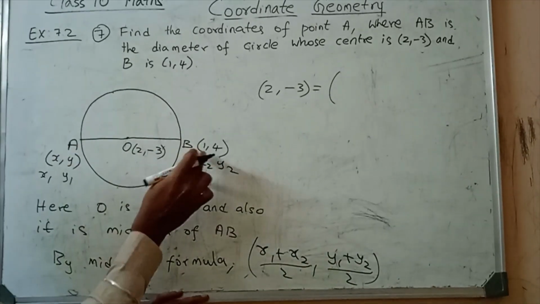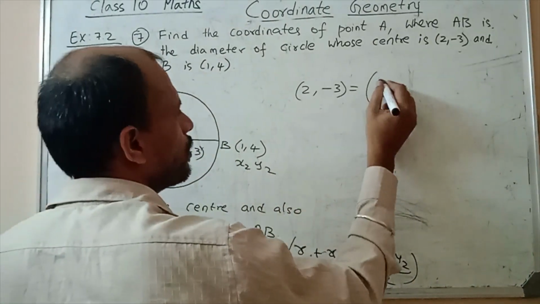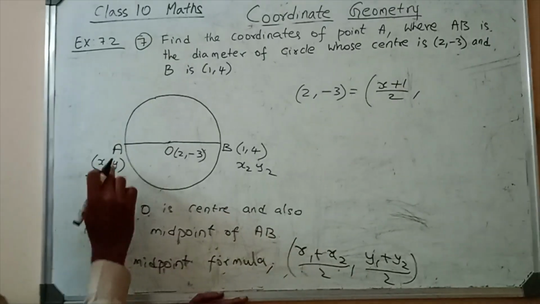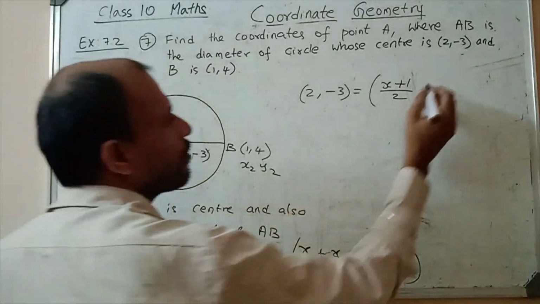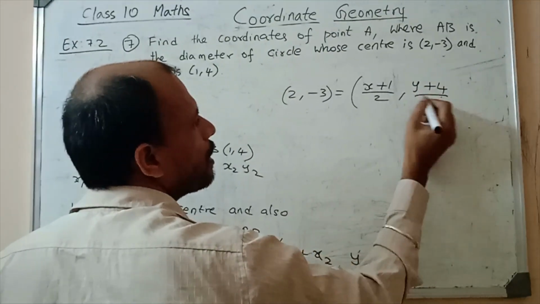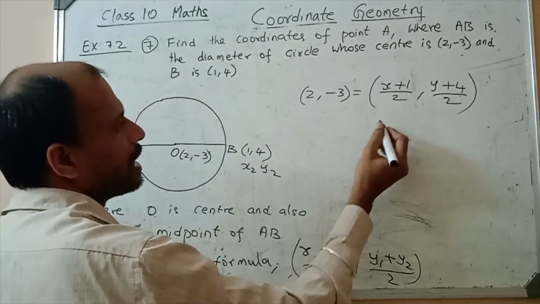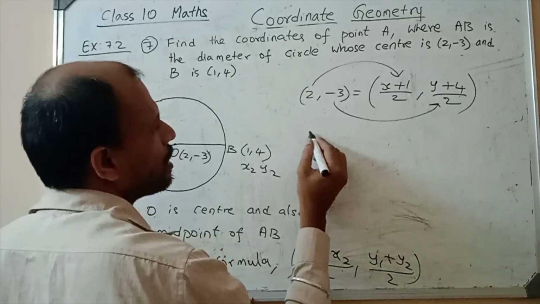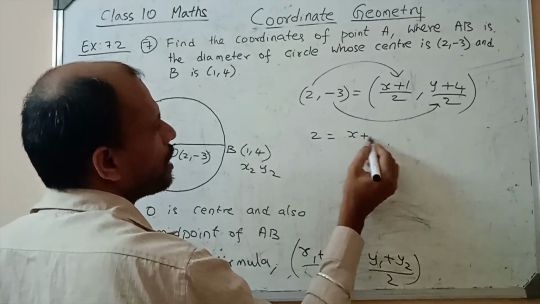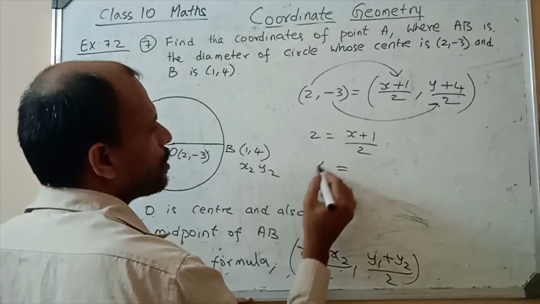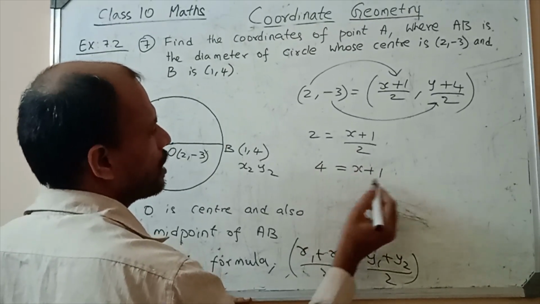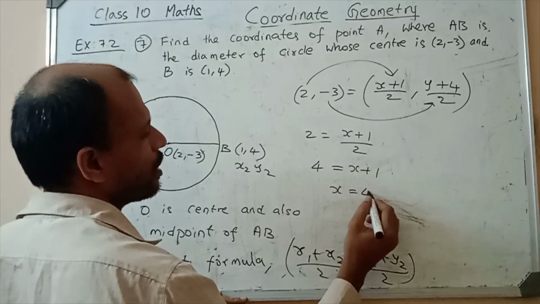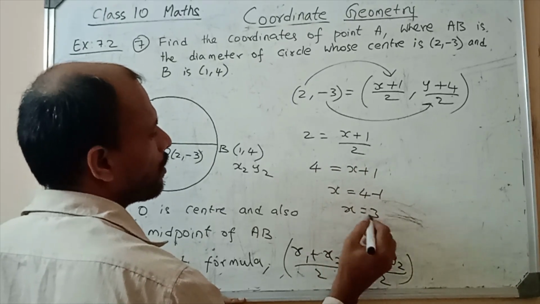So (x1 + x2)/2, that is (x + 1)/2, comma (y1 + y2)/2, that is (y + 4)/2. So separately equate them now. 2 is equal to (x + 1)/2. So 2 into 2 is 4, equals x + 1. So x is equal to, taking 1 to that side, 4 minus 1. So x is equal to 3.